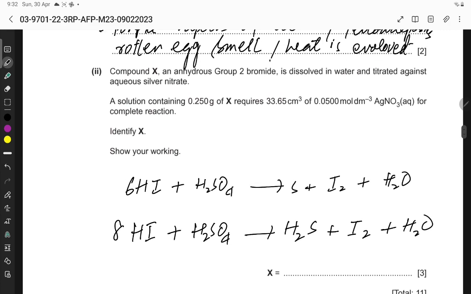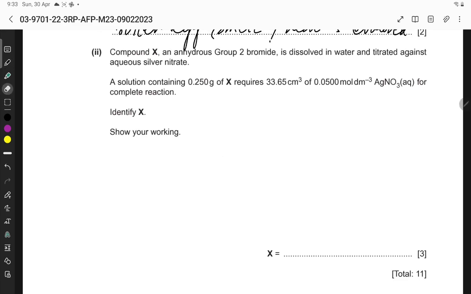Next question: compound X, an anhydrous group 2 bromide, is dissolved in water and titrated against aqueous silver nitrate. A solution containing 0.250 gram of X requires 33.65 centimeter cube of 0.0500 mole per dm cube silver nitrate for complete reaction.